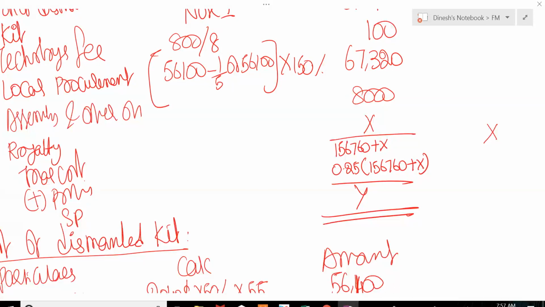Royalty depends on the selling price, and the selling price depends on the royalty. So you cannot solve it directly, you need a simultaneous equation.